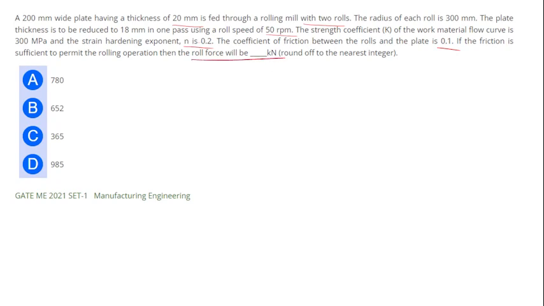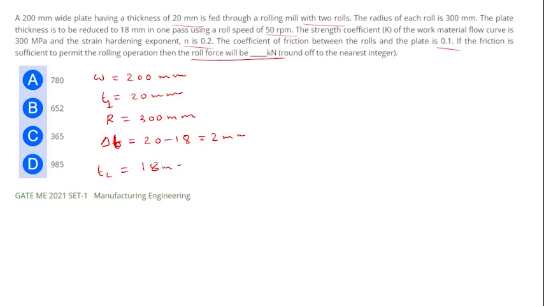So firstly, we will write whatever the data is given. Firstly, your width is given, then your thickness is given, radius of roll is given as 300 mm. Then delta H will be 20 minus 18, that is 2 mm, or let me write it as T because I have taken T. So it will be T1, your T2 is given as 18 mm.